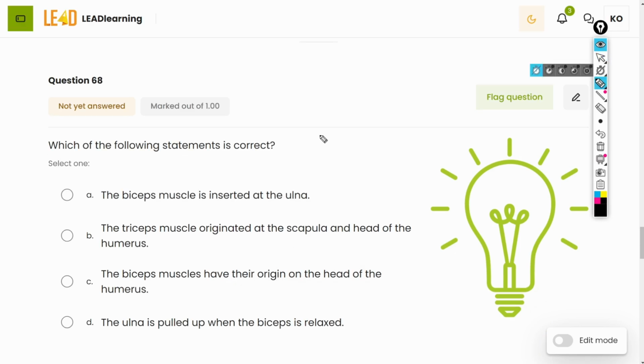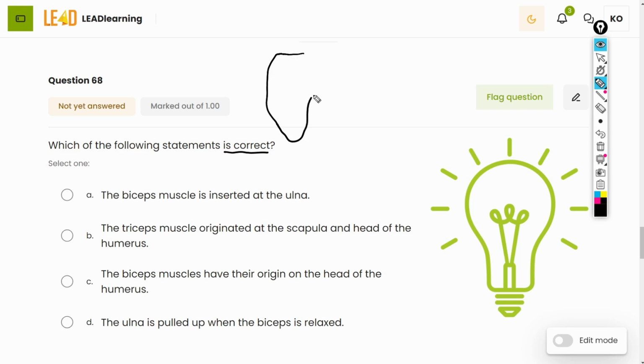Question 68. Which of the following statements is correct? Looking at these options, this question is dealing with the bicep muscle and the tricep muscle. I can also see bones of the upper arm, humerus, and lower arm, ulna. So let's see how we can draw a diagram of the pectoral girdle.